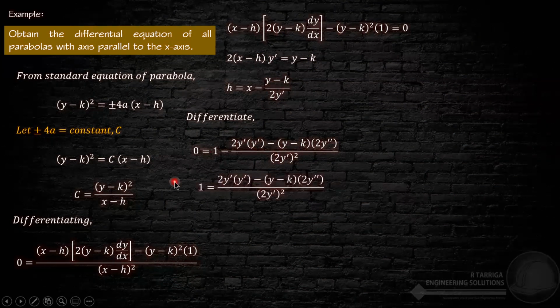Transpose lang sa kabila para maging 1 equals 2y prime, y prime, and y minus k 2y double prime over 2y prime squared. So it will become ito. Okay? I-cross multiply. And naging 2y prime squared na siya kasi dalawang y prime. So squared.